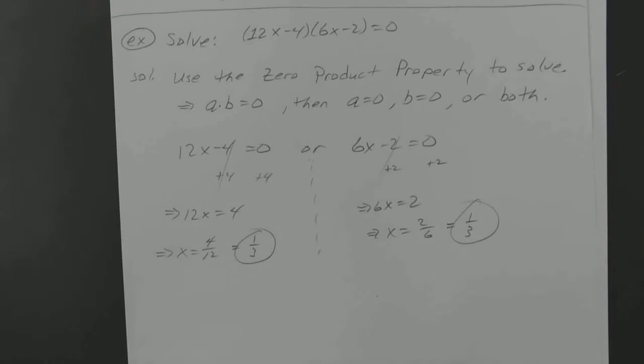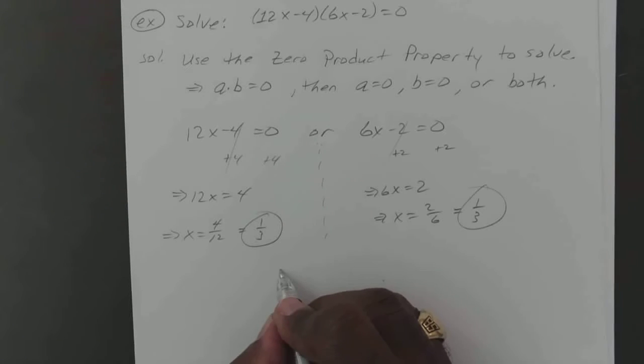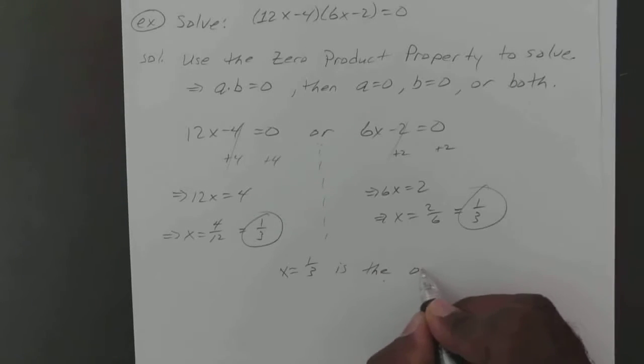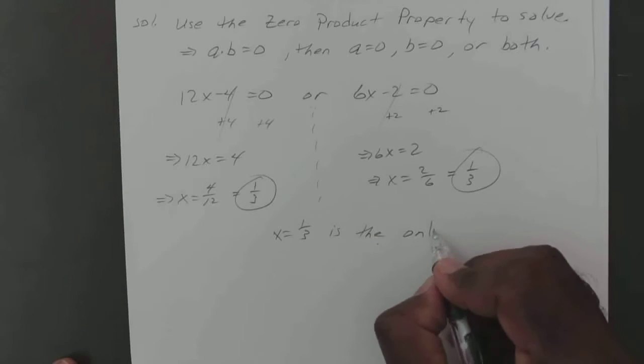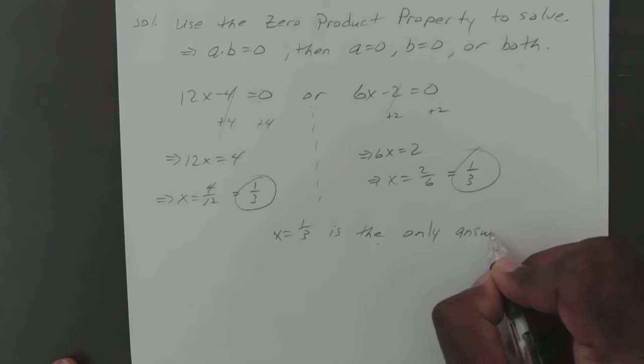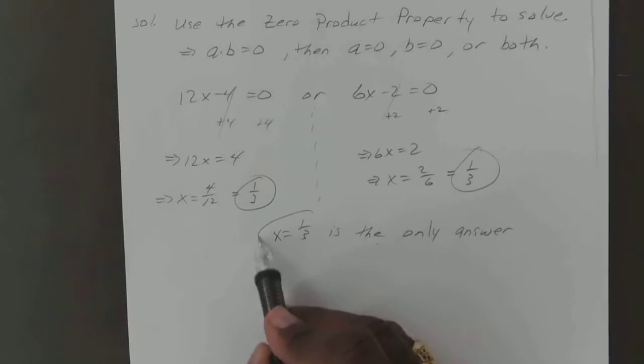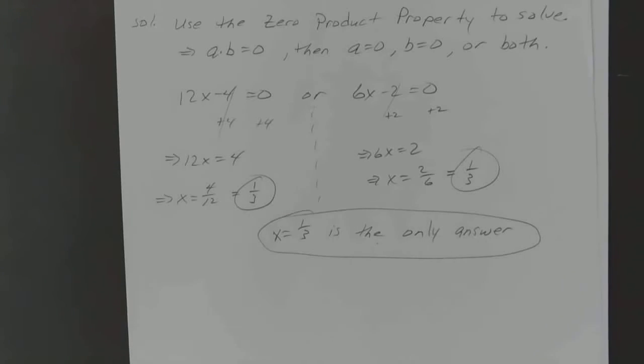So if it's just a repeated answer, you only have to write it once. So x equals 1/3 is the only answer. And we can go ahead and circle that.